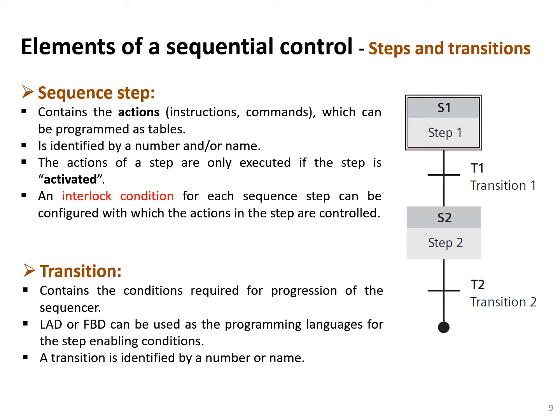However, inside the steps, we have tables, in which we say what actions should be done, those actions being instructions and commands. A transition is identified by a number or name. So here is the name T1 or T2.